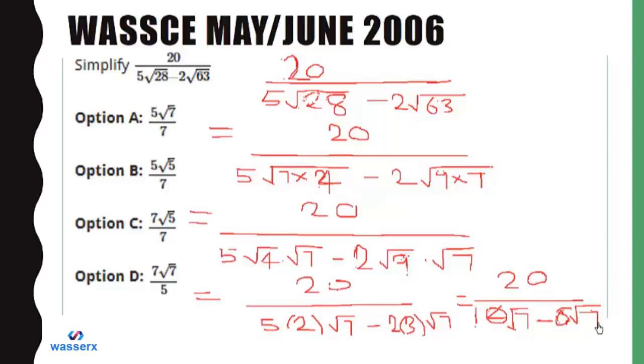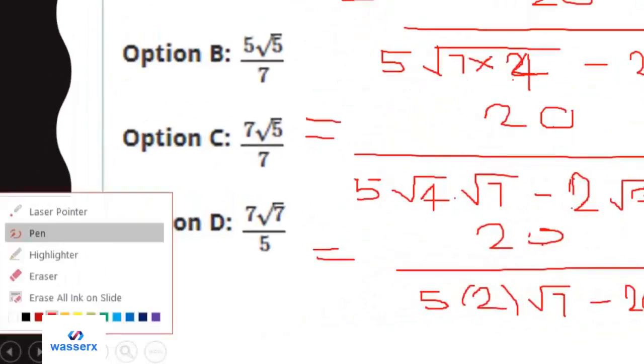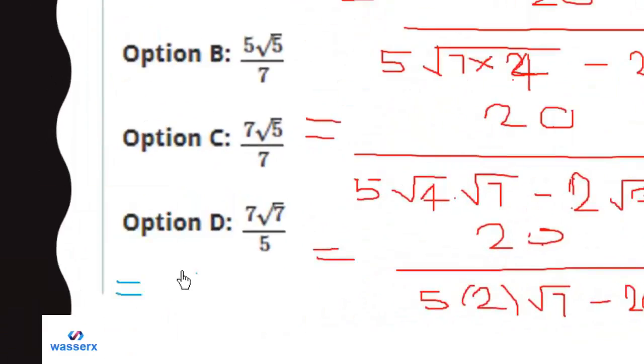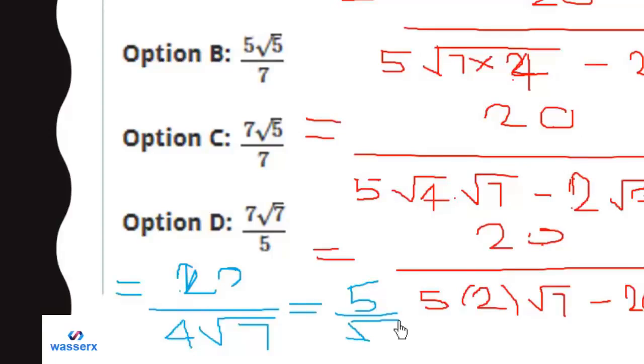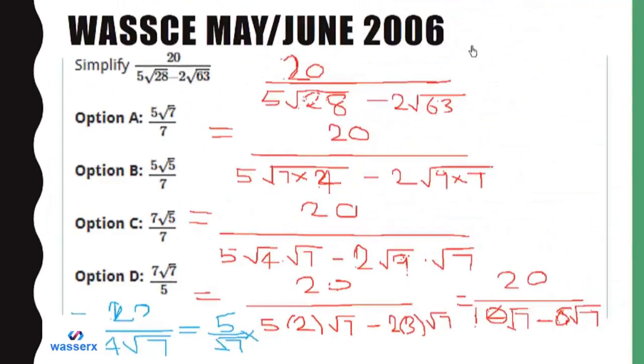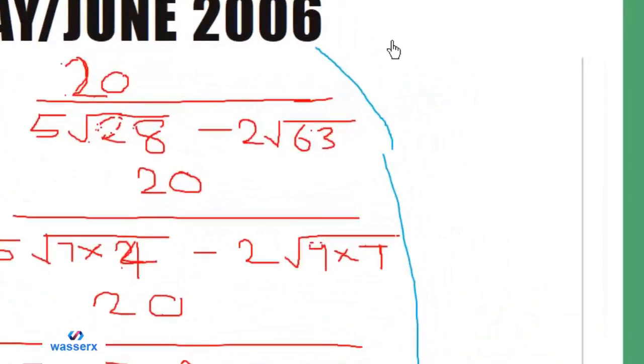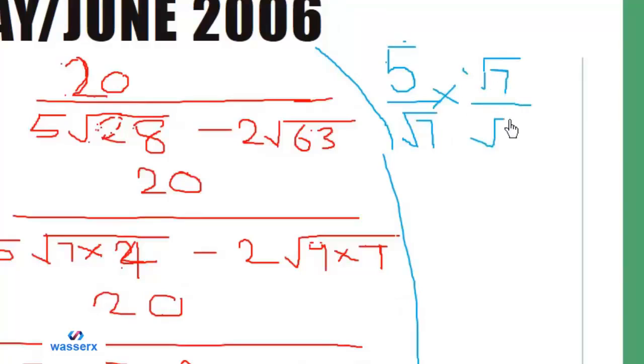Now we simplify further to obtain 20 over 4 root 7. Now this will give us 5 over root 7. So we need to rationalize 5 over root 7, multiplying by root 7 over root 7, and this will give us 5 root 7 over 7.